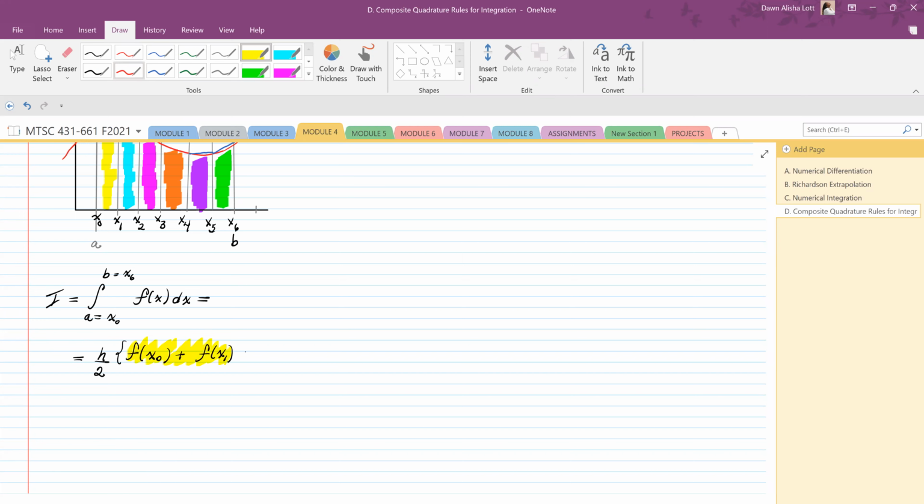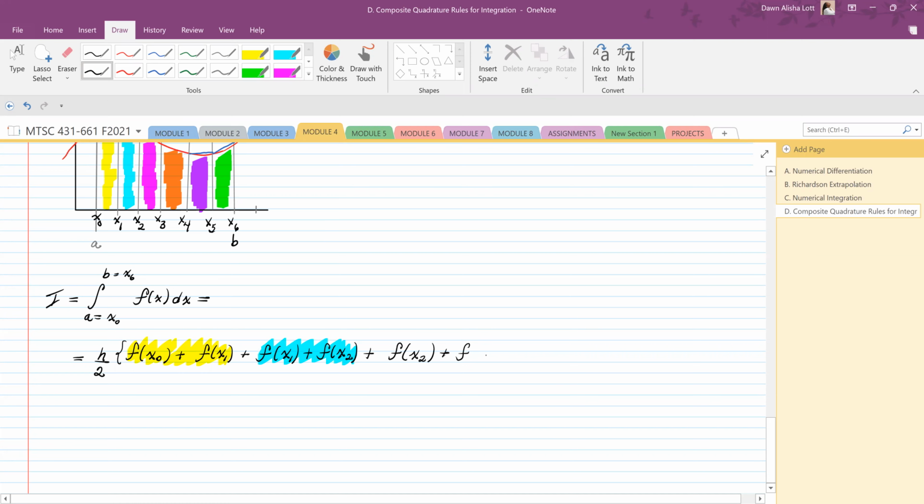Then we're going to have plus f at x1 plus f at x2. That's the second one. Plus f at x2 plus f at x3. So that's the third one. Plus dot dot dot plus f at x5 plus f at x6. And that's the last one.